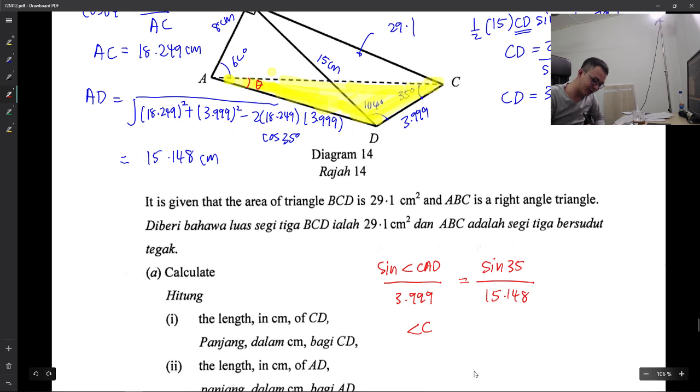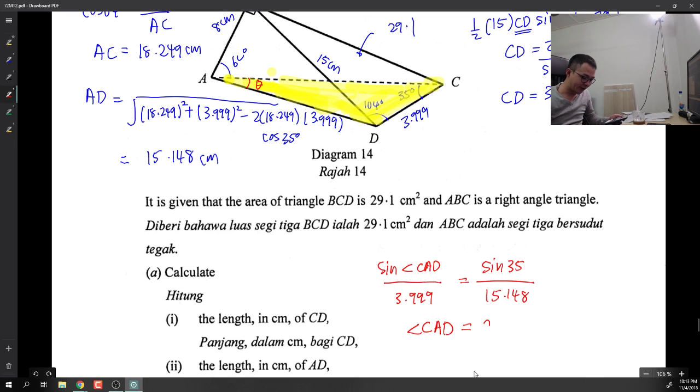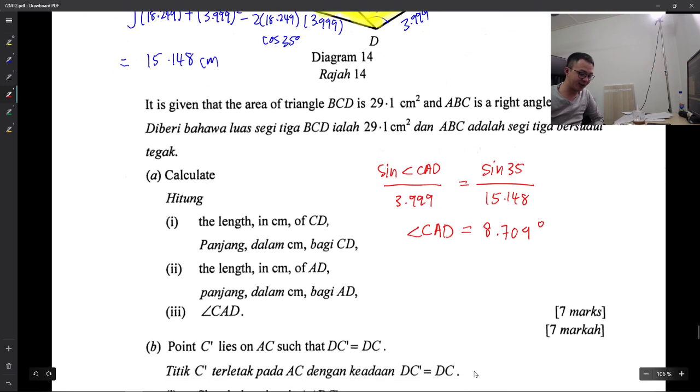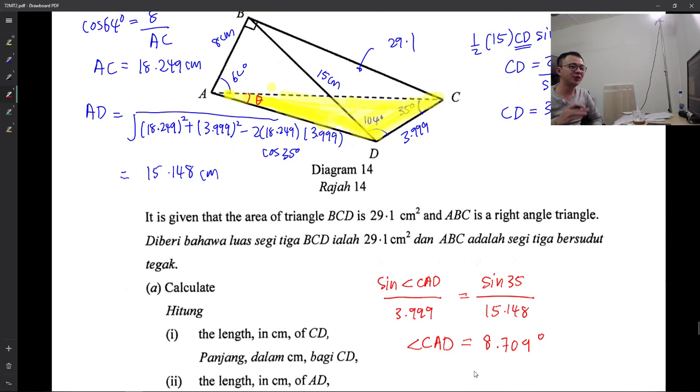By solving this I can get CAD easily. I type in the calculator sine 35 over 15.148 multiplied by 3.999, then shift sine my answer. I will get 8.709 degrees. So I got the angle for CAD. Okay, so far so good.